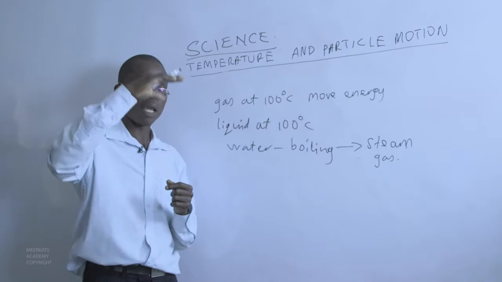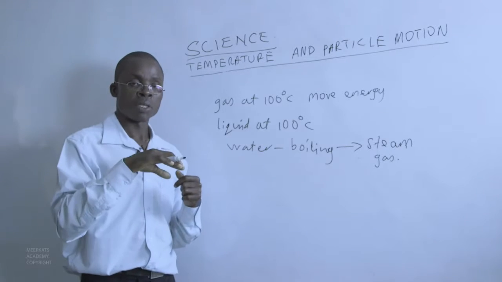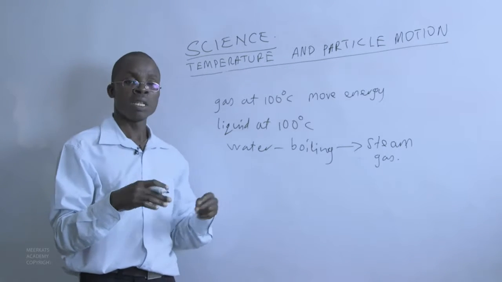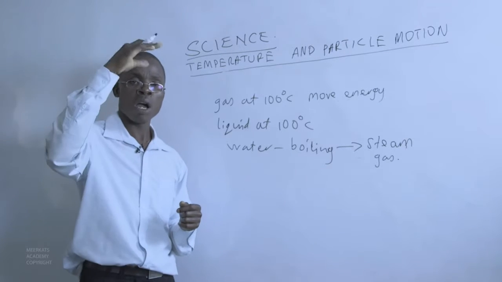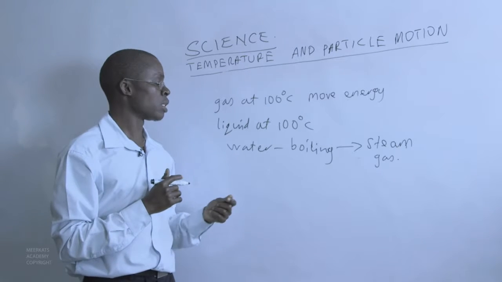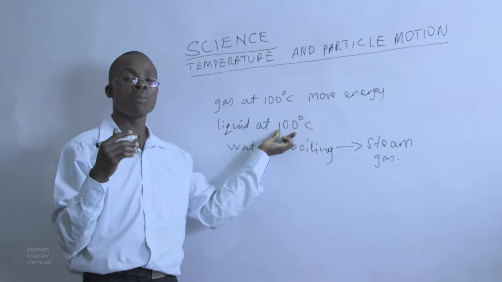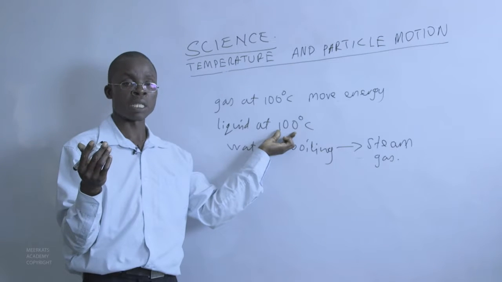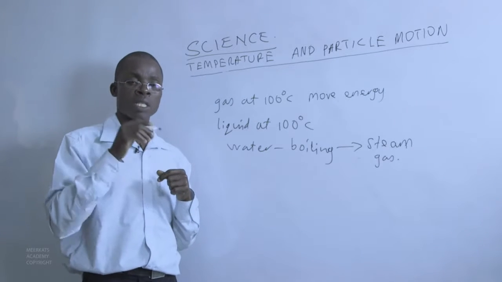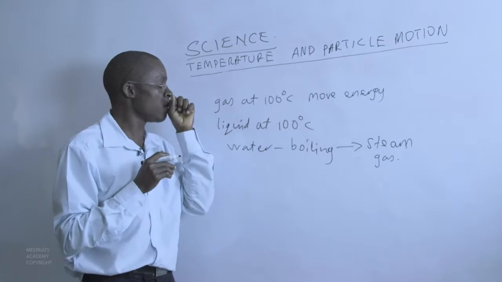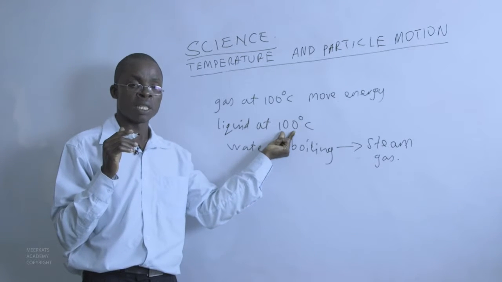When you move higher than sea level, the temperature drops, so you can boil water at 90, 98, 96, even 70 degrees centigrade. If you go high up into the mountains, the temperature at which water will boil might go as low as 50 degrees centigrade. The same applies to areas lower than sea level, where the temperature at which water will boil will be higher than 100 degrees centigrade.